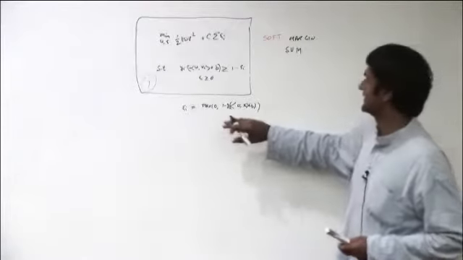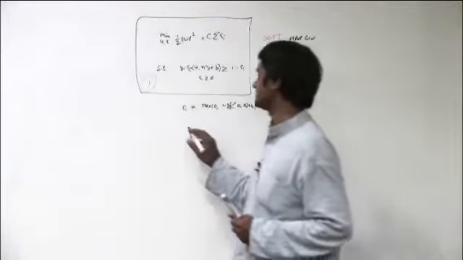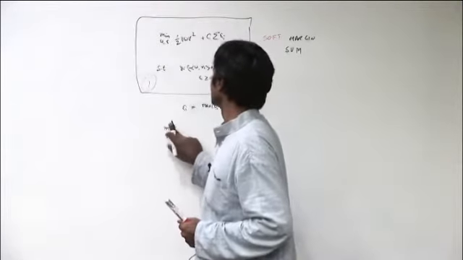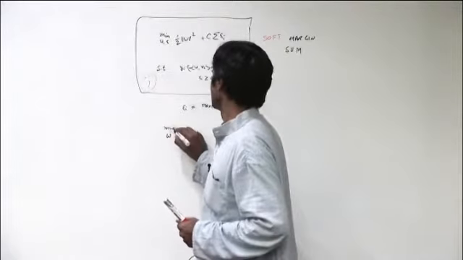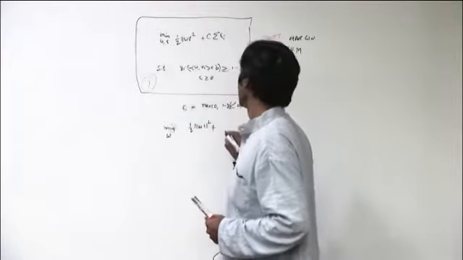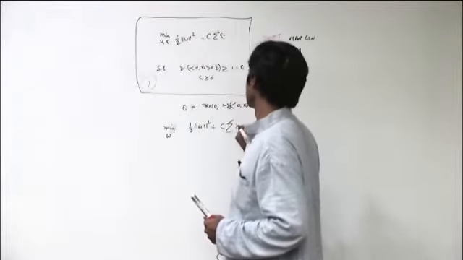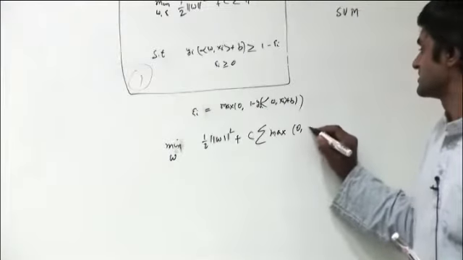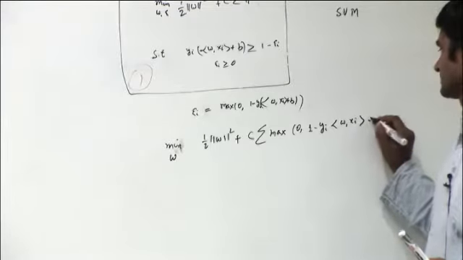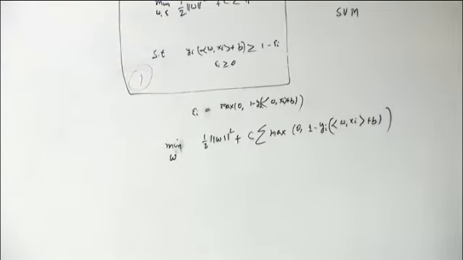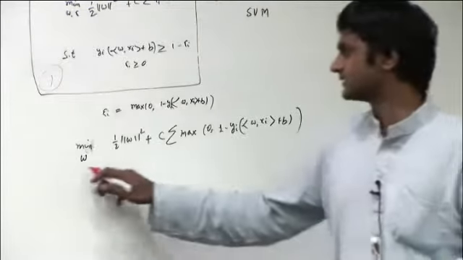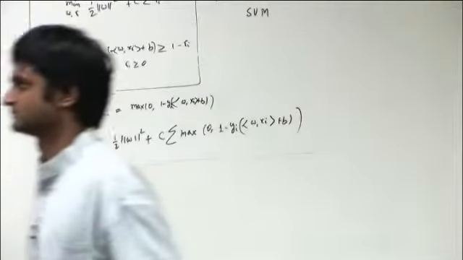Now you know that psi I is equal to the max, I can actually replace it here, and I can now say my objective function is min over w of 1/2 norm w squared plus C times summation of max of 0, 1 minus yi (w dot xi plus b). Okay, and I want you to compare this with this.